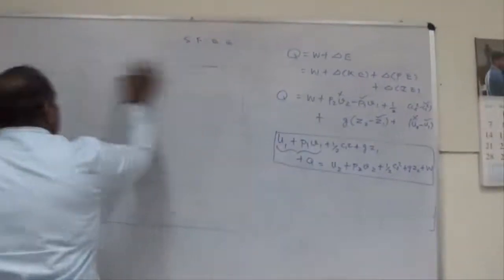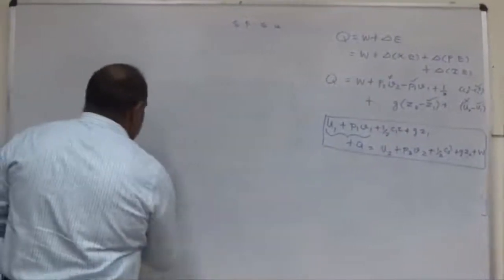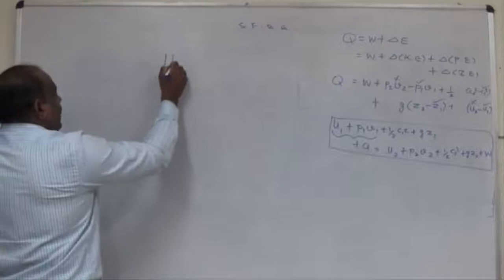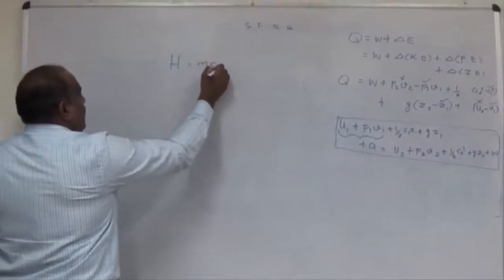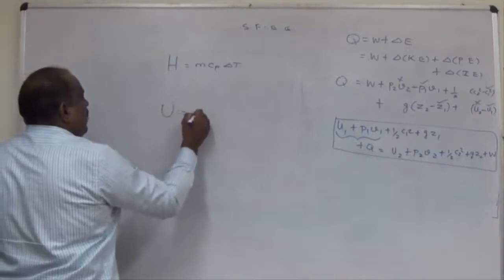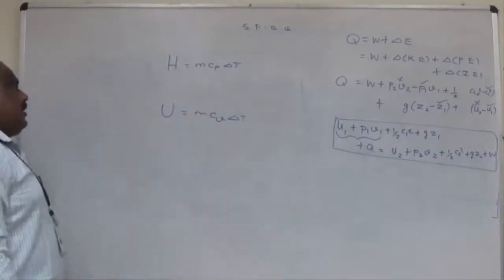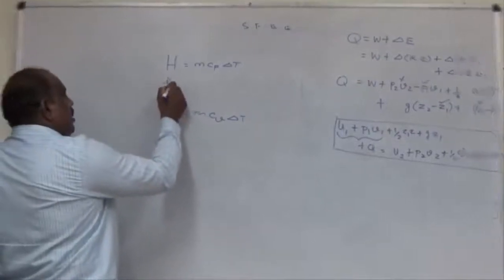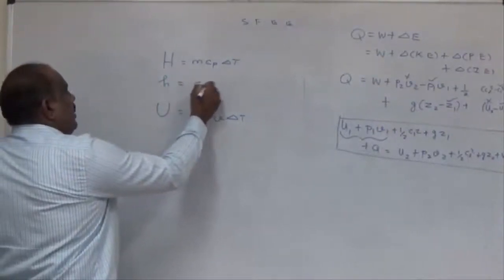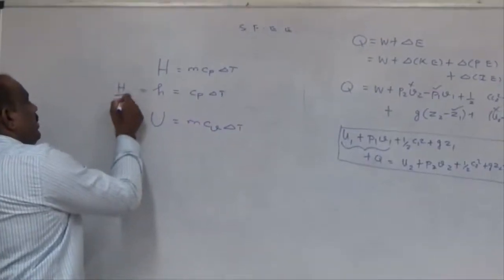We should also know the general formula for enthalpy is given by m Cp delta T, and the general formula for internal energy is given by m Cv delta T. Small h is nothing but Cp delta T. What is small h? Small h is nothing but capital H by m.